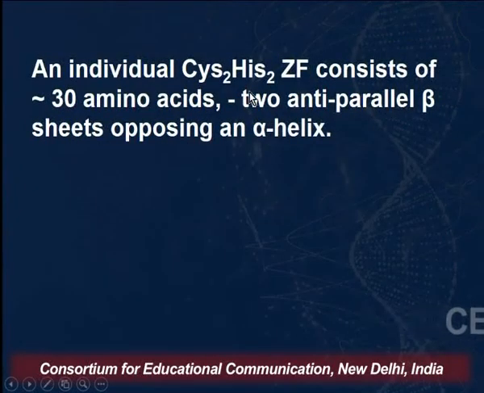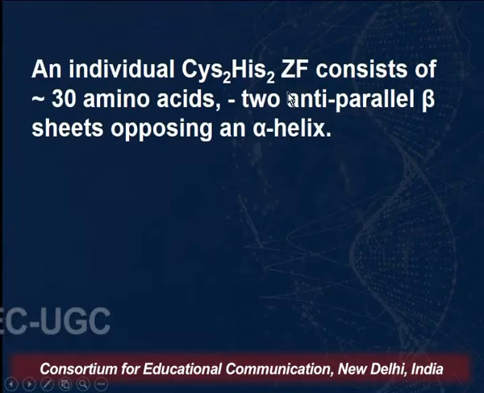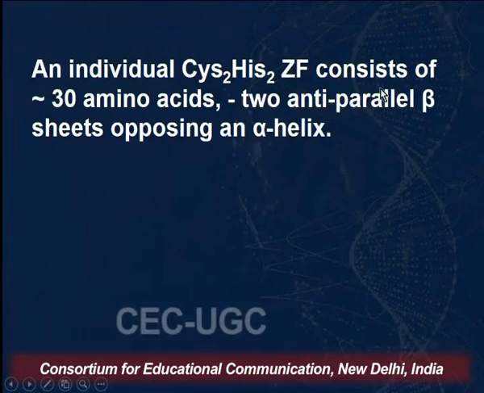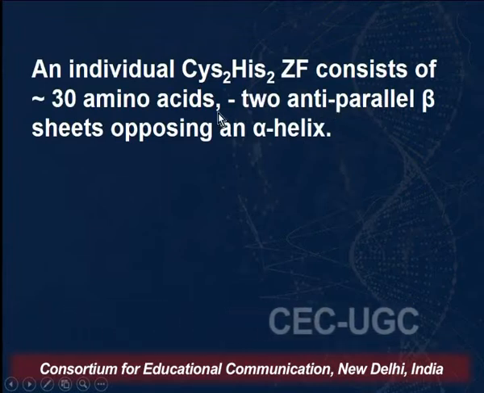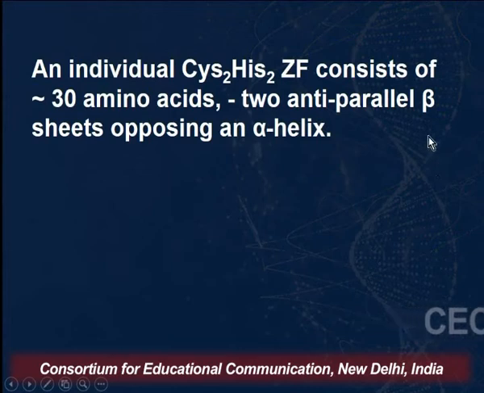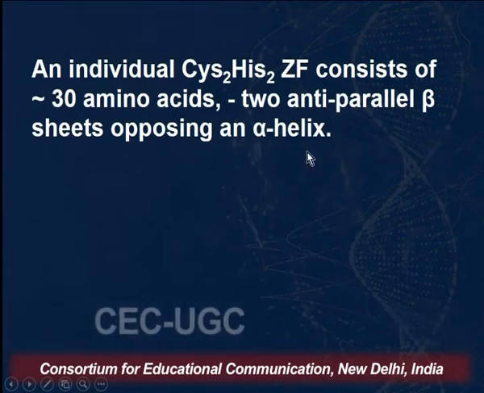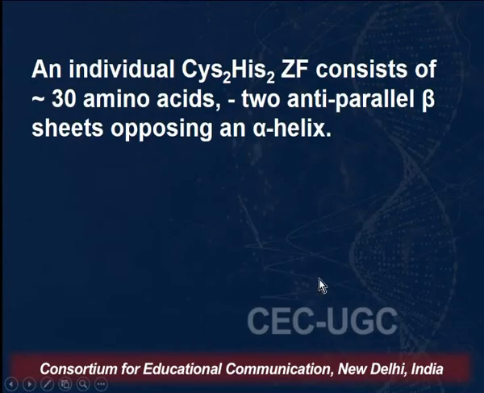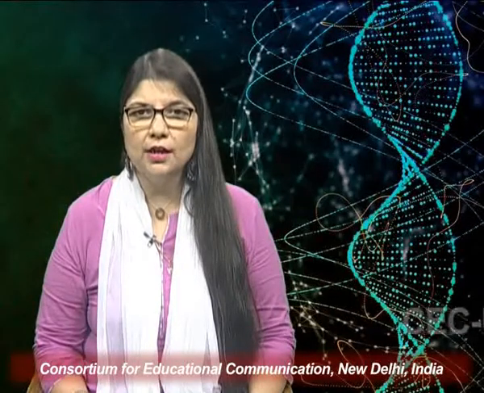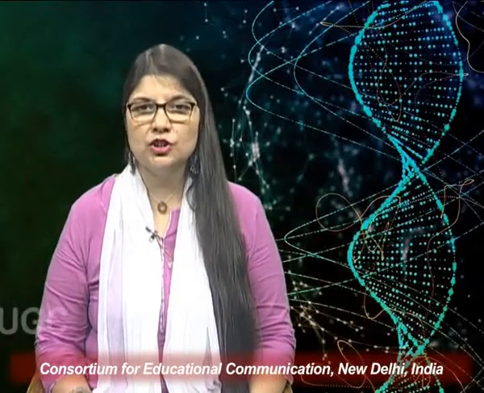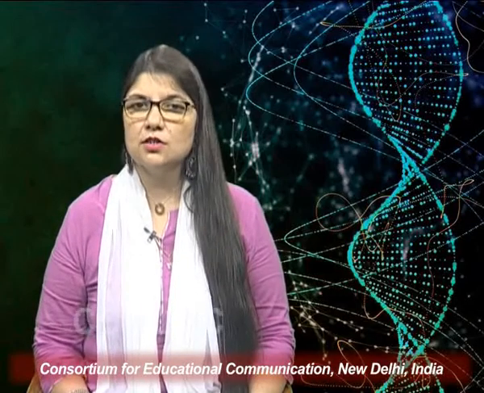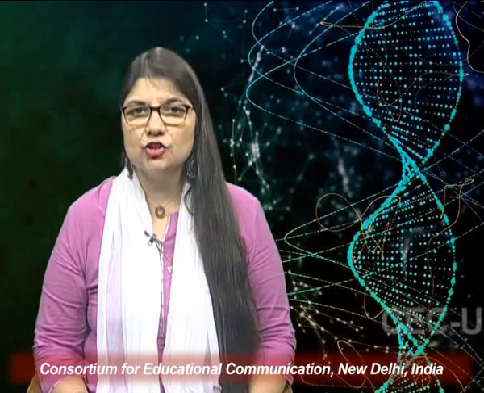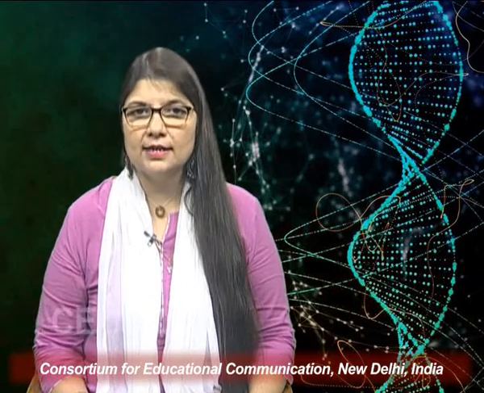An individual Cys2His2 zinc finger consists of approximately 30 amino acids, which include 2 anti-parallel beta sheets opposing an alpha helix. These are a very important family of DNA binding proteins, and I hope you understand this terminology, which is discussed in terms of protein structure. So these 30 amino acids are arranged in 2 anti-parallel beta sheets that oppose an alpha helix.